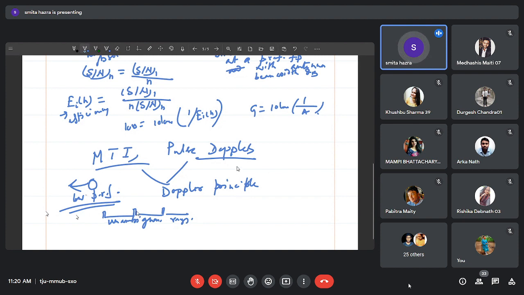If we use the high PRF, that means we transmit the pulse with low gap. Then your ranging will not be very pure. Why? Because then you will not be able to identify whether the echo you are collecting was the delayed echo for the first pulse or the early echo of the second pulse.